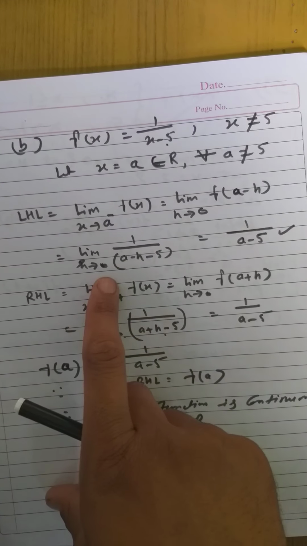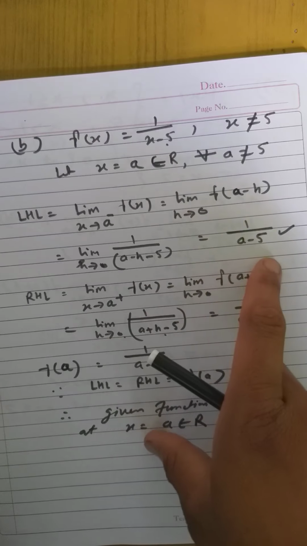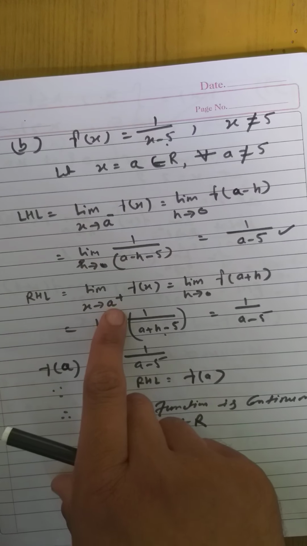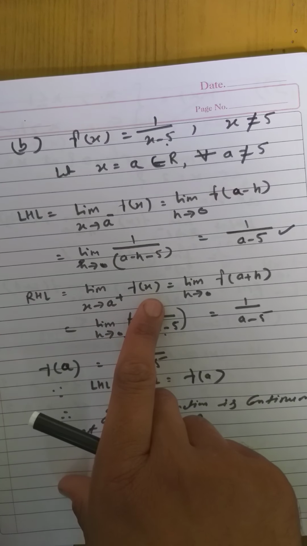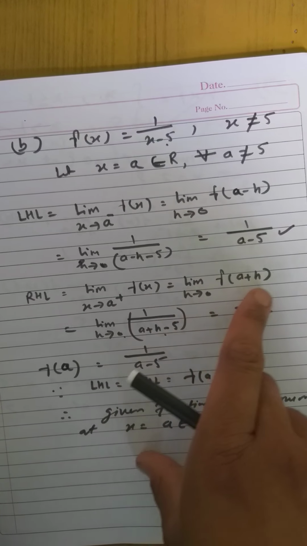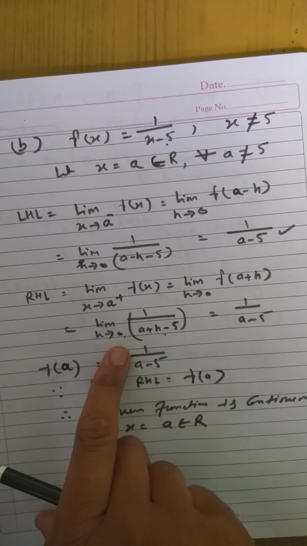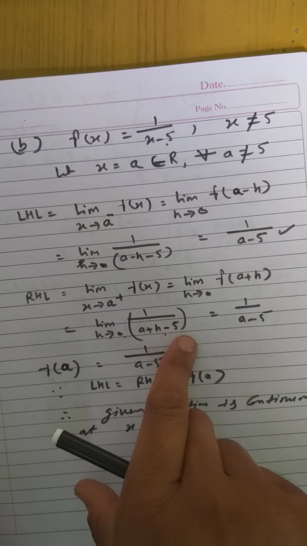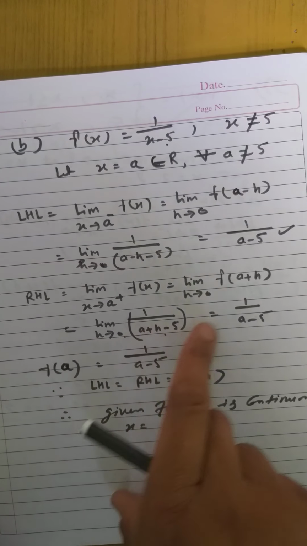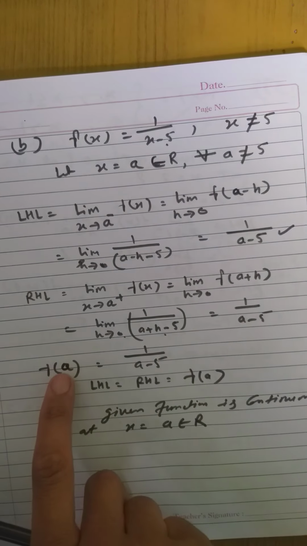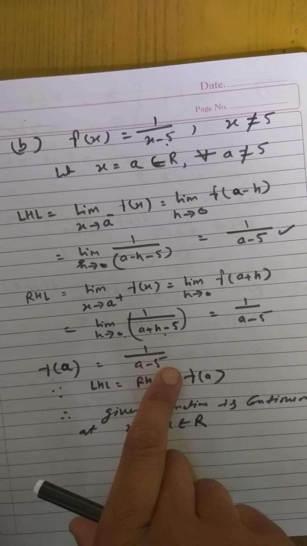You will put h equal to 0, you will get 1 upon a minus 5. Right hand limit x tend to a positive of f(x) equal to limit h tend to 0, f(a plus h) equal to limit h tend to 0, 1 upon a plus h minus 5. You will put h equal to 0, you will get 1 upon a minus 5. f(a) equal to 1 upon a minus 5.